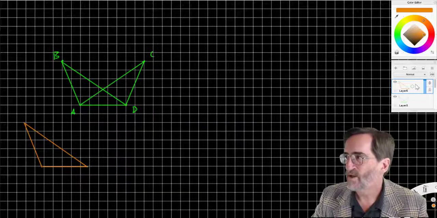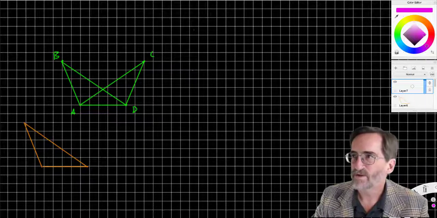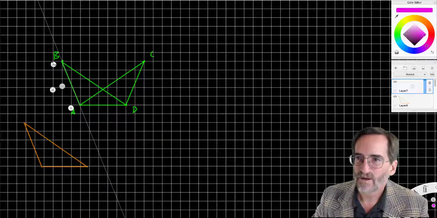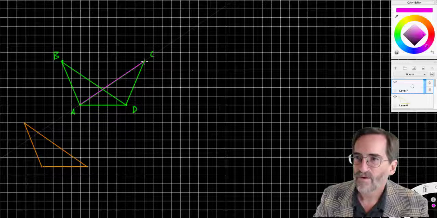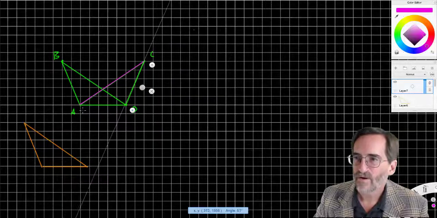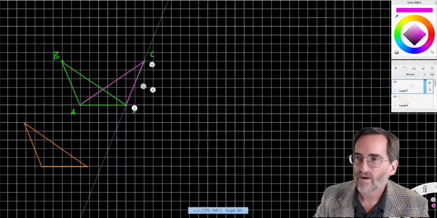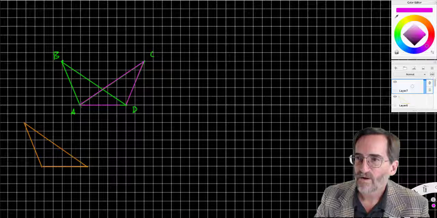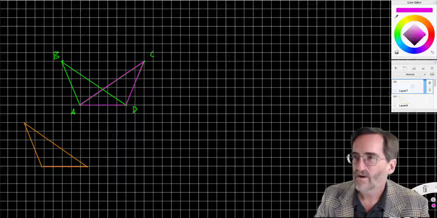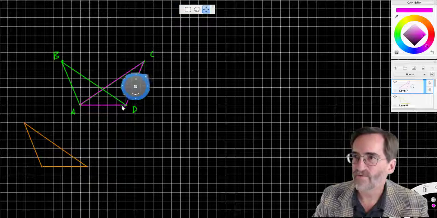And a new layer, and let's do the other triangle. And drag that off.